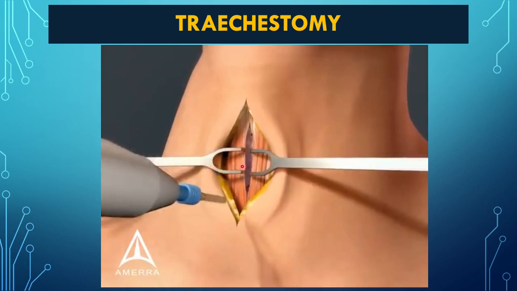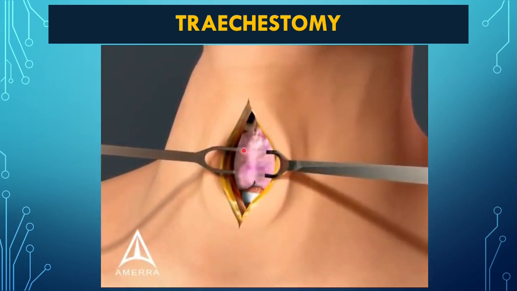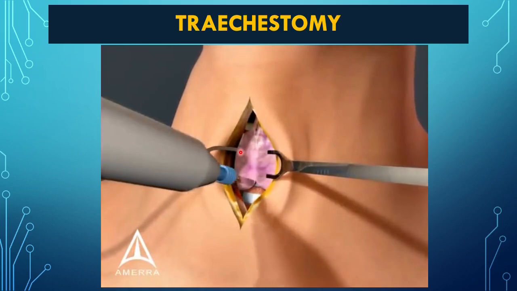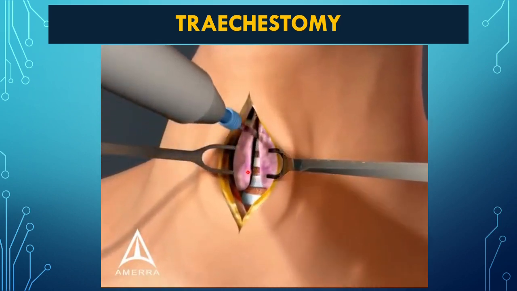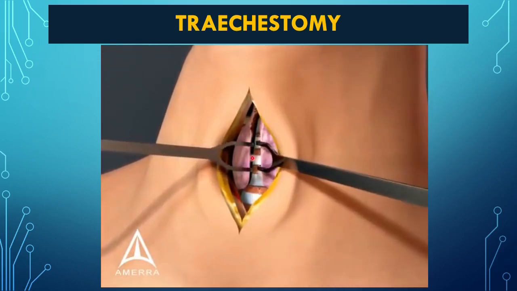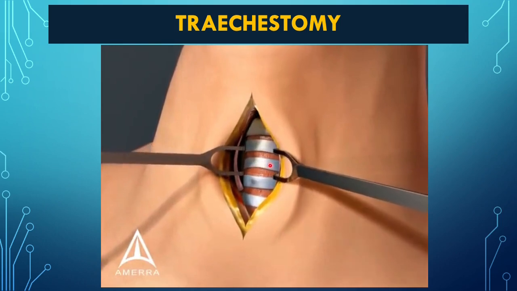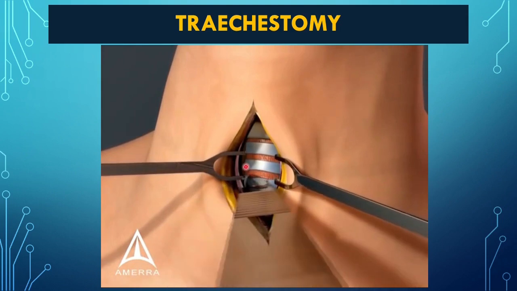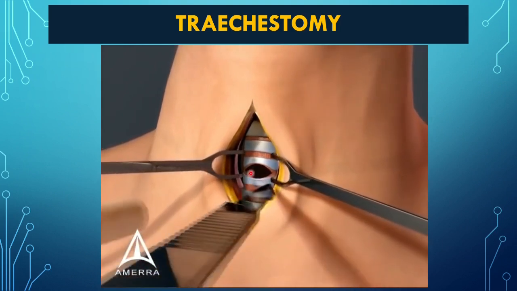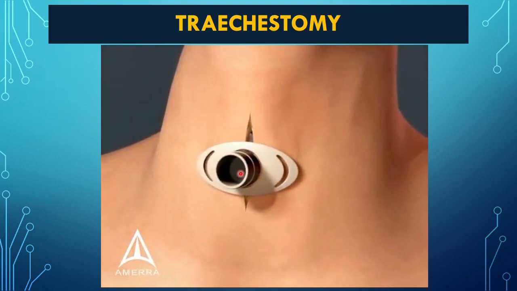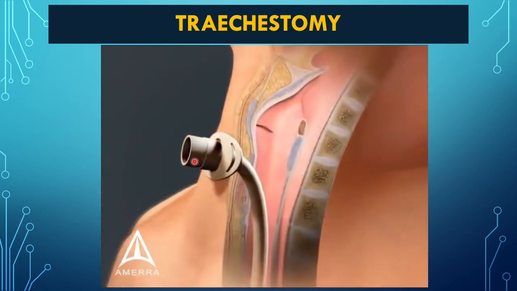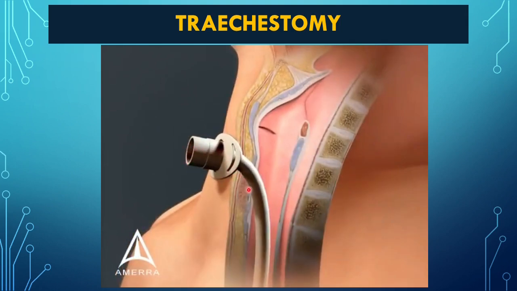At the level of the isthmus, we cut the isthmus of the thyroid to reach the area. Then we find the trachea and open it horizontally, and insert an airway directly into the trachea to assure respiration. That's what's called the tracheostomy.